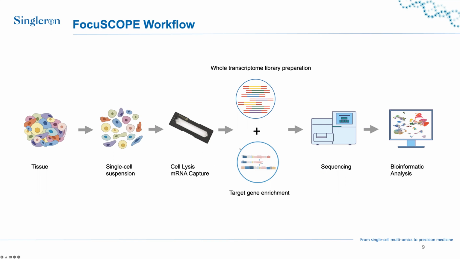And here, the important distinction is that you will generate two libraries. You will generate a whole transcriptome library, but in addition to that, you will also generate and enrich a target gene library. These can then be sequenced and analyzed via bioinformatic analysis.